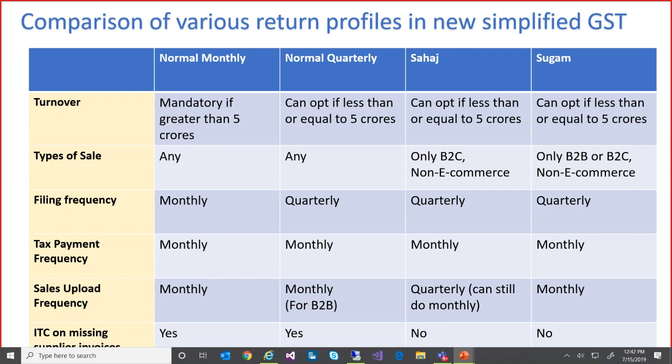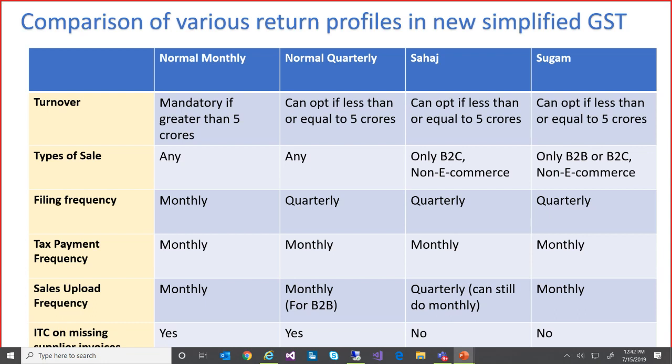The payment frequency will be monthly. Whatever mechanism you follow, you have to make payment to the government on a self-declaration, self-assessment basis. Then the return upload will be monthly for B2B.